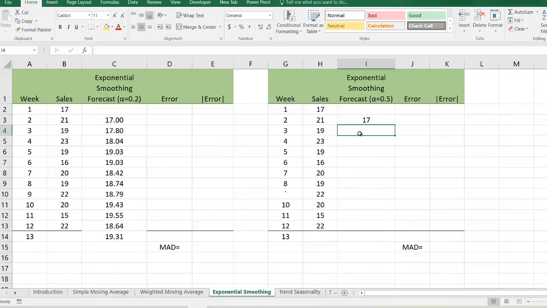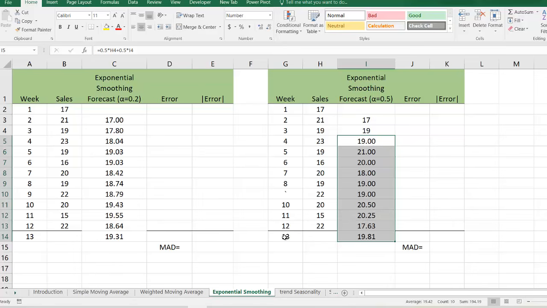For the third week, alpha is equal to 0.5 times the last period's actual data plus 1 minus alpha, or 0.5, times the last period's forecast, which is 17. That's equal to 19. We copy this formula for the next periods' forecasts, so our forecast for week 13 is 19.81.